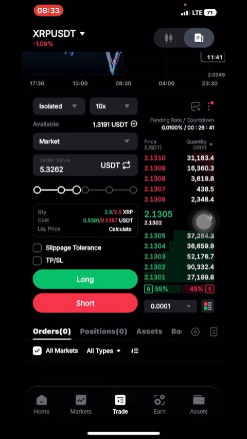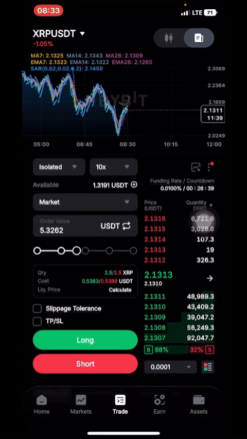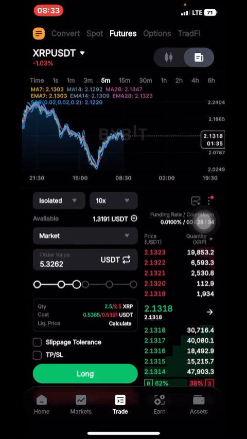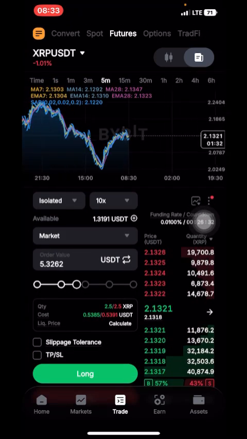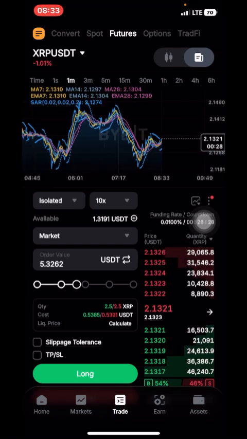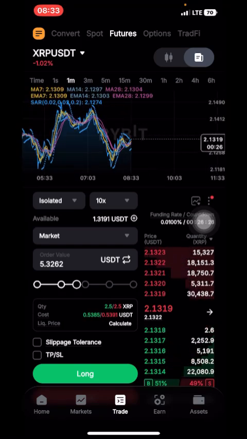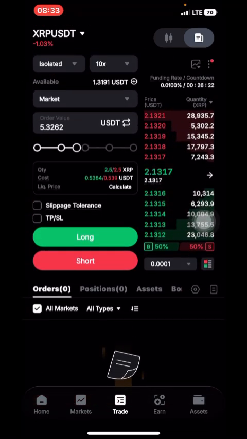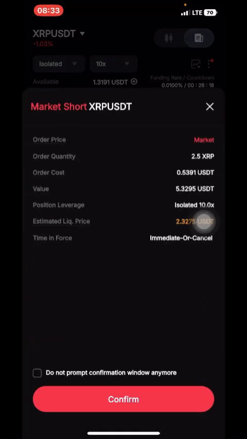Based on this trade, the market is on a downtrend. We are not doing any analysis, but I just assume that this market might be going downside. I've not done any analysis, I'm just exaggerating. So what am I going to do now? I'll come to short. I'll short it.